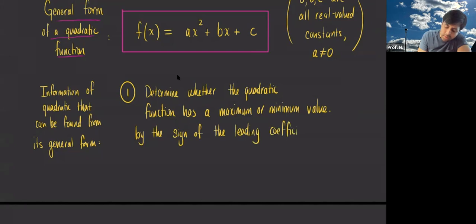And this is just fancy words, and we'll talk more about what the leading coefficient is. It's just fancy words for the number in front of the term with the highest power. So of course the 2 here has the highest power. So this a here is considered the leading coefficient. So I want to know what a is.